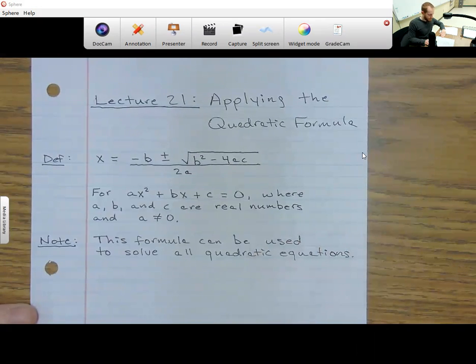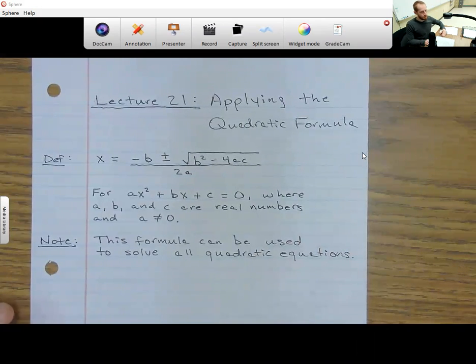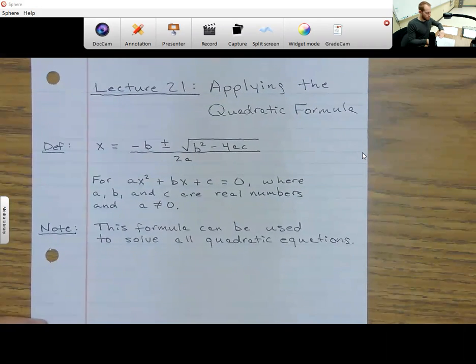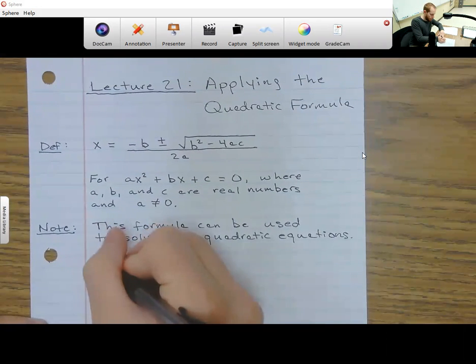So as long as I have something that's in the form ax squared plus bx plus c equals 0, then I can use this formula. Okay? Let's look at 3 examples. And these are all going to be coming from the problem sets.